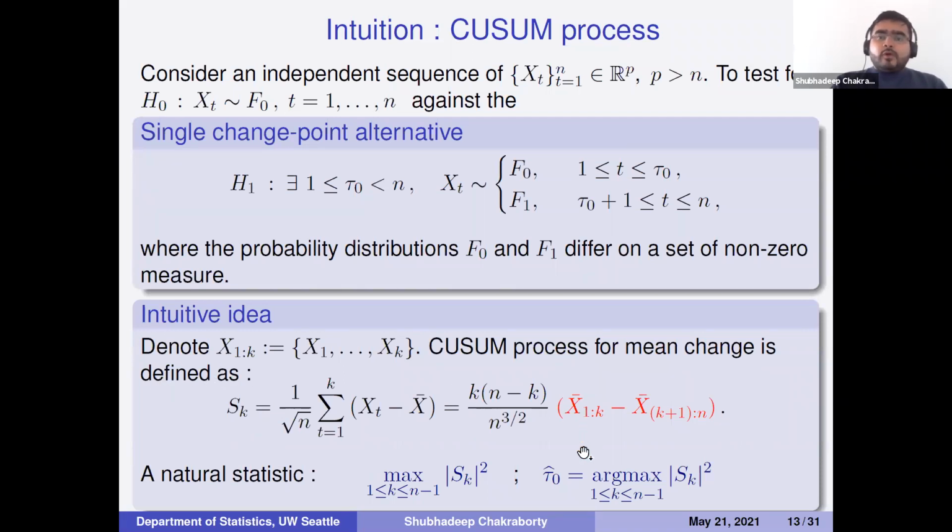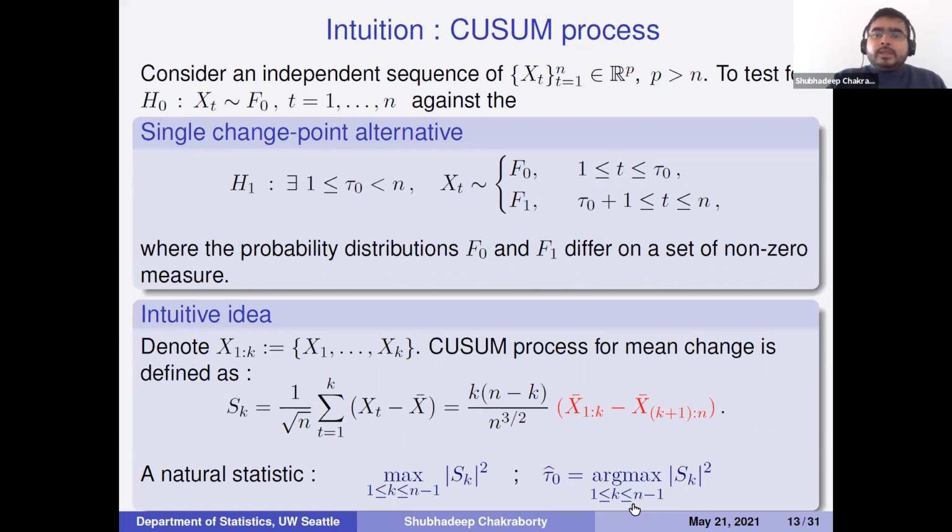So for each k from 1 to n minus 1, we keep observing the differences of the means for the two samples to the left and to the right of it. So a natural statistic to consider is the maximum value of the squared norm of this S_k.